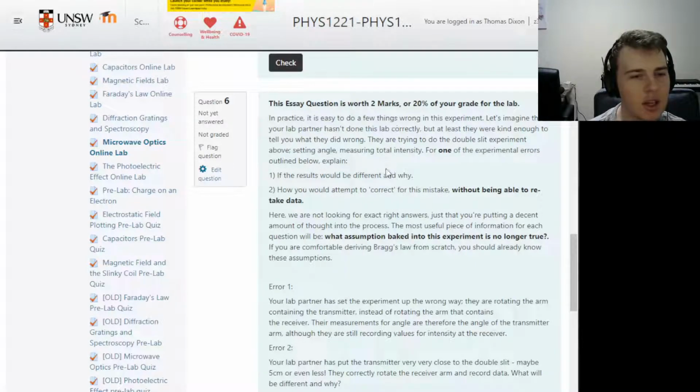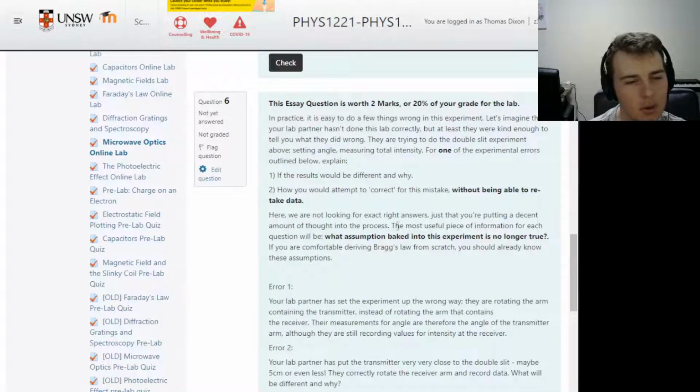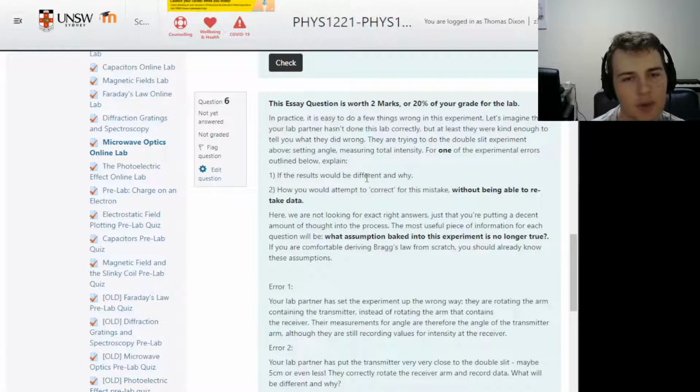So essentially, there's an error that's happened. They have to pick one of these. And really, what I want to be seeing is them outlining how any assumption inherent to the experiment is no longer true. I copied this question from Special Physics that I wrote to, so don't worry, I'm not plagiarizing.